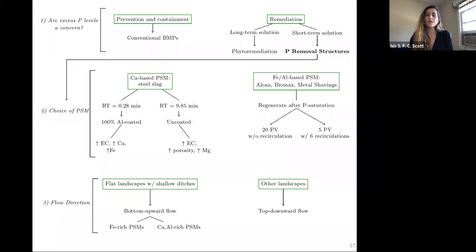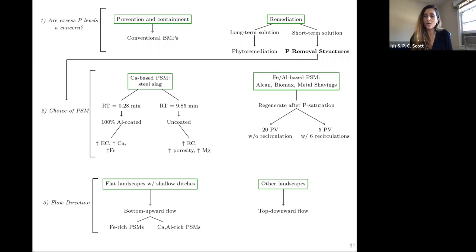So we have the option for a calcium-based PSM, and in this research, we investigated the use and behavior of steel slag. We saw that it can be used in both low residence time and high residence time. If a low residence time is expected for a phosphorus removal structure, then we recommend the use of 100% aluminum coated.